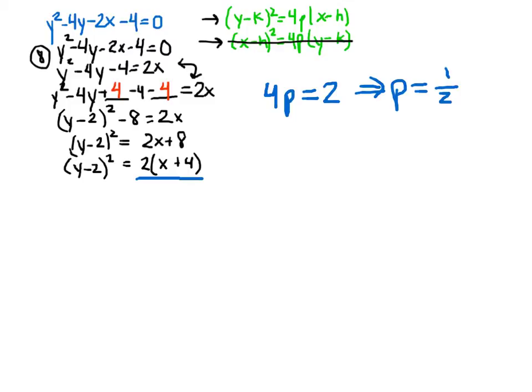Okay, now we can find our vertex. Our vertex is going to be the same h, k that we had. If we look back up at the first equation, k is grouped with the y, so this should look like (h, k).